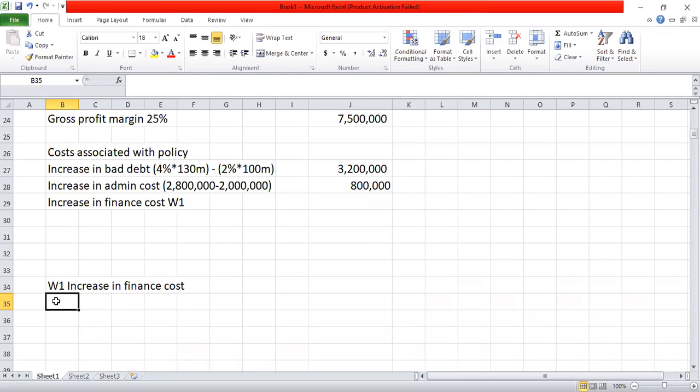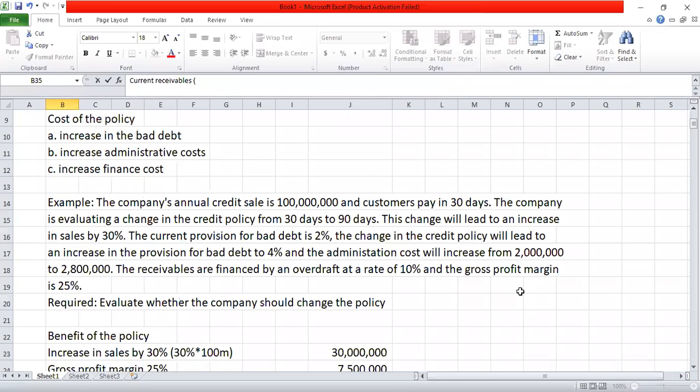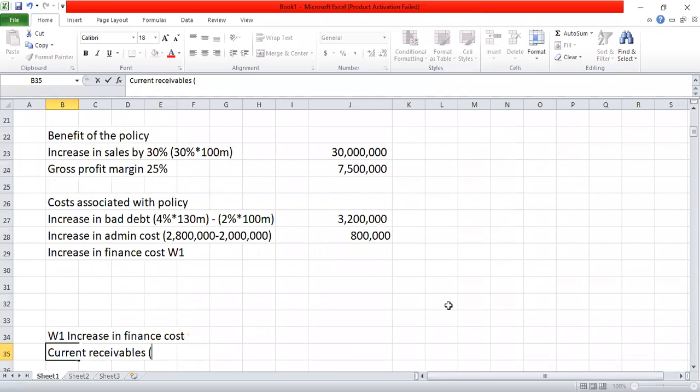So in this case, I need to get my current receivables, because currently customers are paying in 30 days. So at the end of the year, your receivable will be 30 over 365, assuming 365 days, times 100 million.